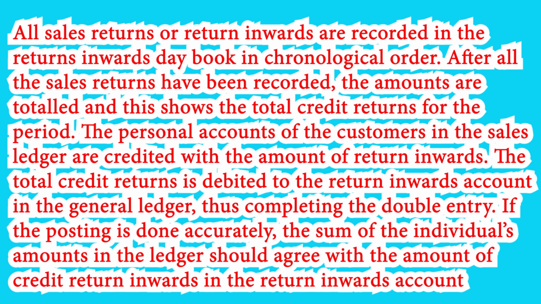The personal accounts of the customers in the sales ledger are credited with the amount of returns inwards. The total credit returns is debited to the returns inwards account in the general ledger, thus completing the double entry. If the posting is done accurately, the sum of individuals' amounts in the ledger should agree with the amount of credit returns inwards in the returns inwards account.